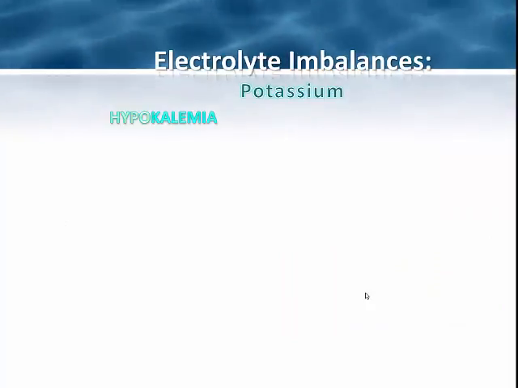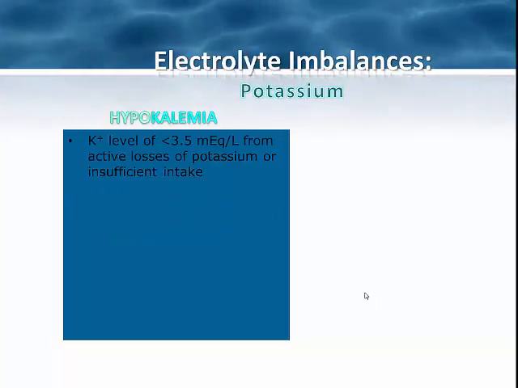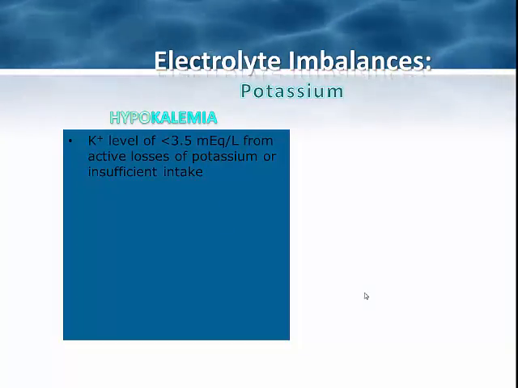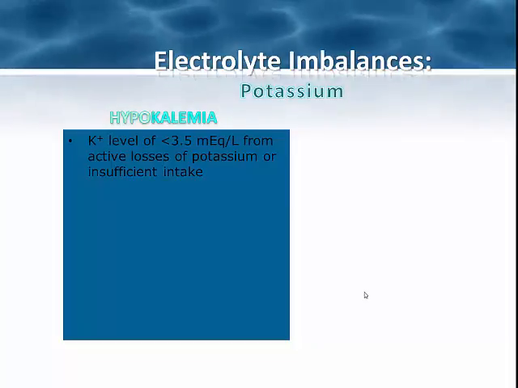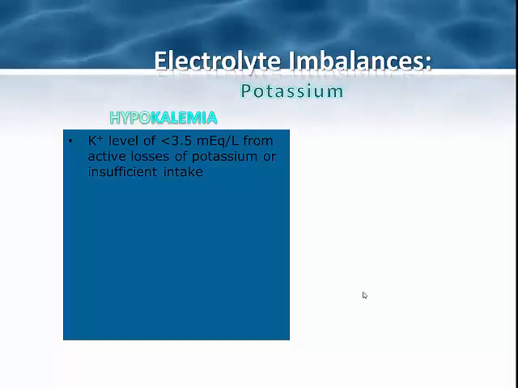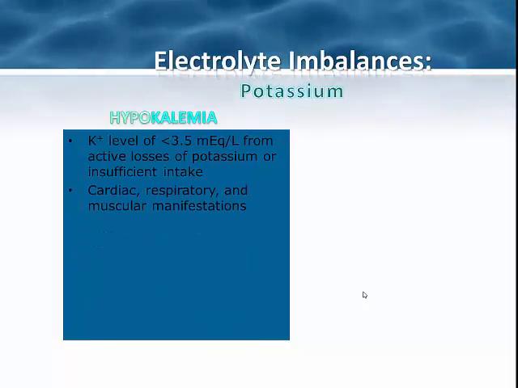So again, to summarize our hypo and hyperkalemia. Hypokalemia is a potassium of less than 3.5 milliequivalents from active losses of potassium or insufficient intake. And remember, symptoms usually start around 3.0 milliequivalents per liter, and the patient can rapidly decline from there.